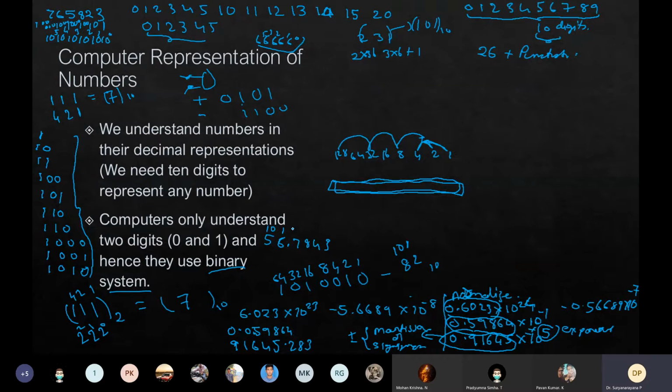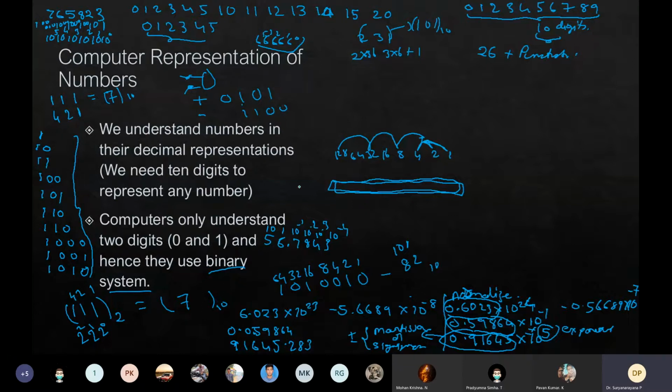So after this, it will become 10 to the negative 1, or tenths place, 10 to the negative 2, hundredths place, 10 to the negative 3, thousandths, and 10,000 place, because you know that this is 0.7 plus 0.08 plus 0.004 plus 0.0003.